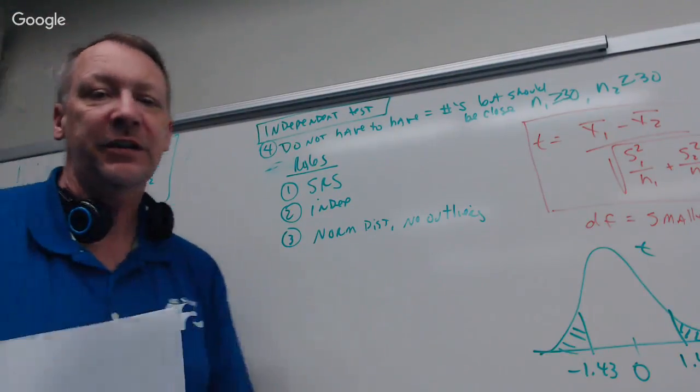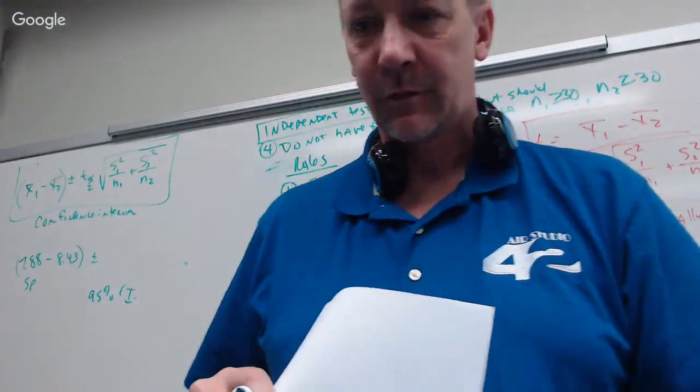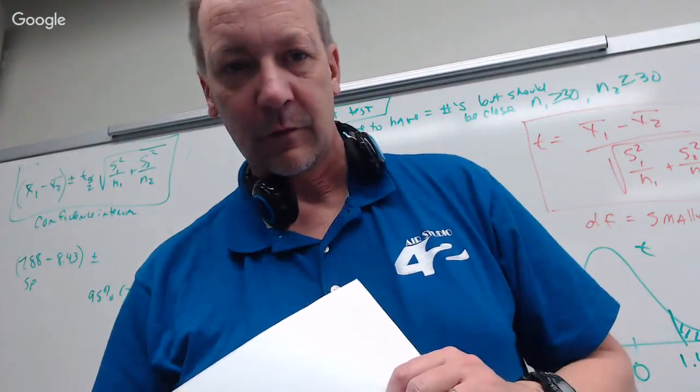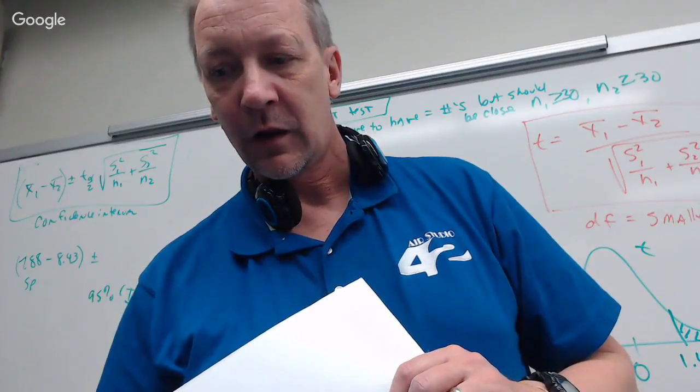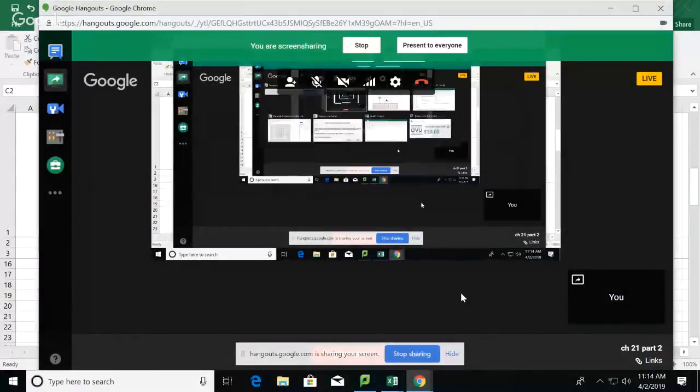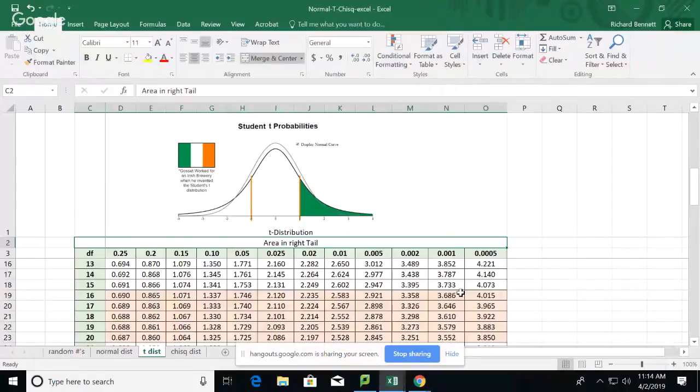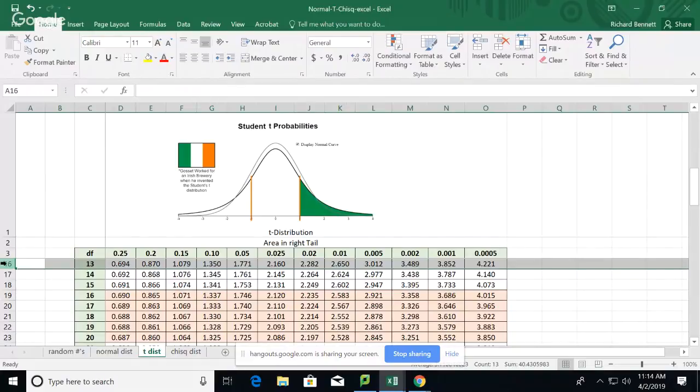How do I find my t sub alpha over 2 for a 95% confidence interval?